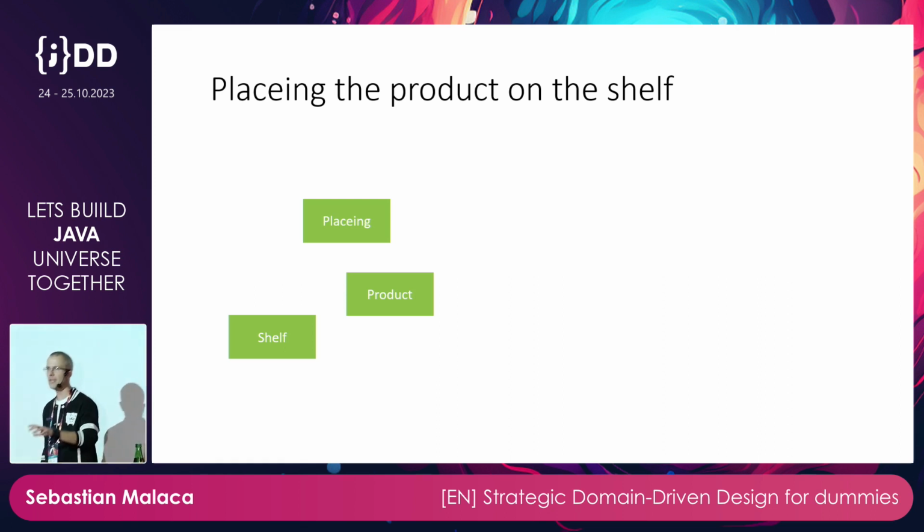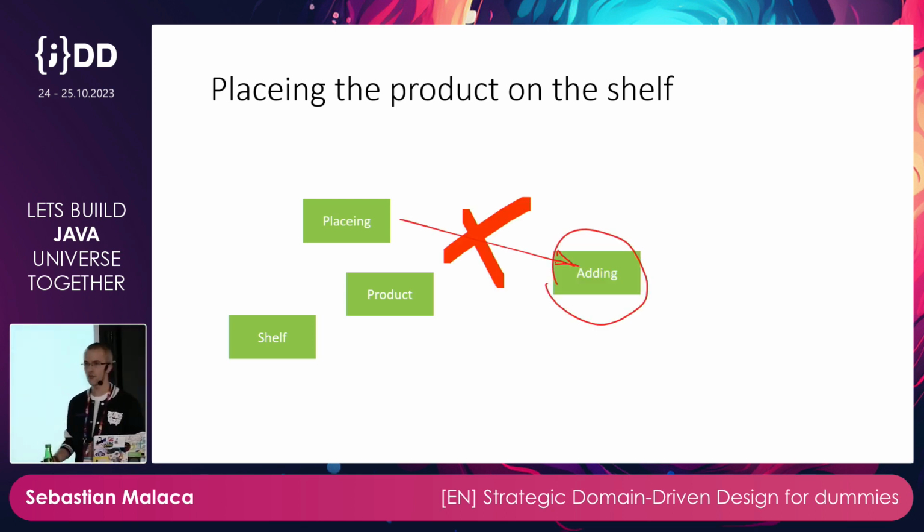If I want to place the product, it means I already have it in the store. If it required some sort of validation, let's say someone needs to open the box and check whether the product is not broken, I know that if I'm placing the product on the shelf, this was already done. The product is fine. So that's the first thing.